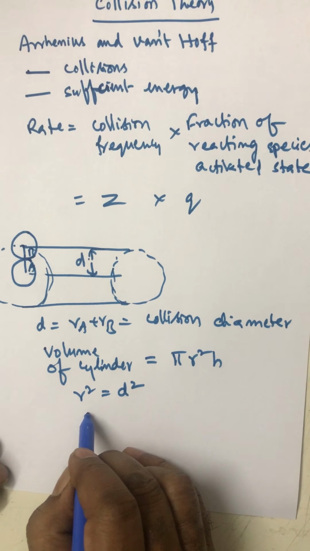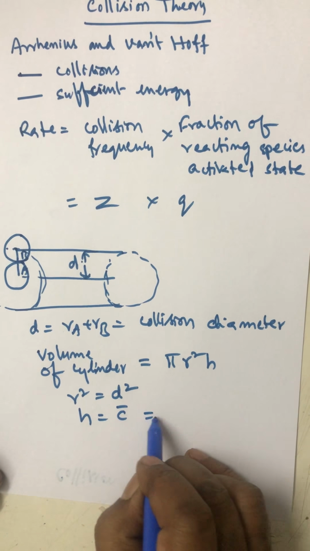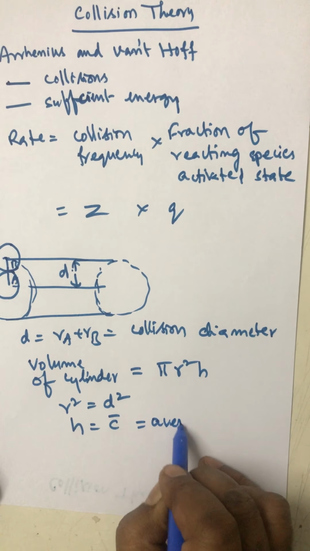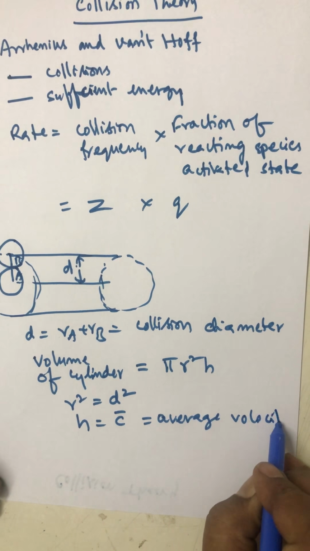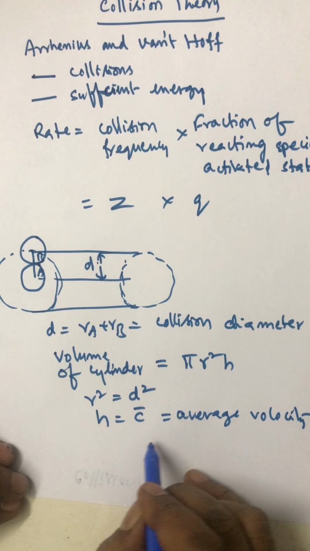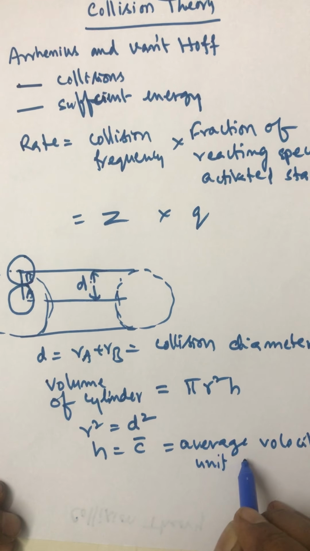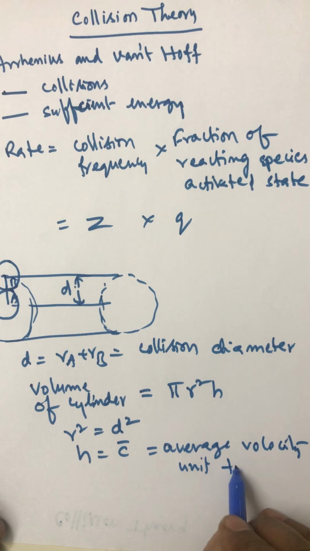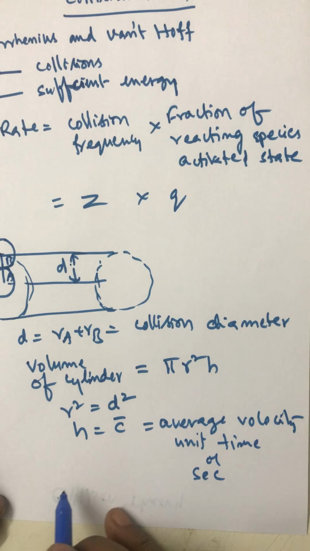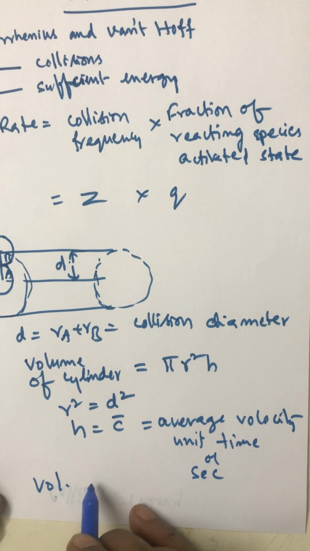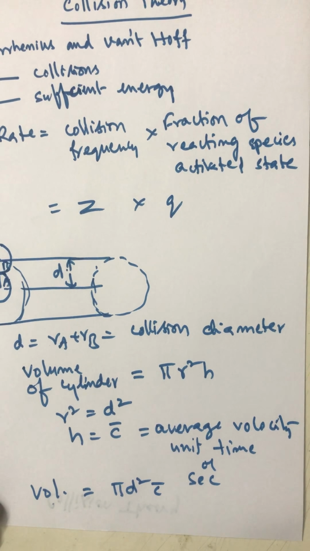H is the height, which is written as the average velocity of the molecule. So that is average velocity in unit time, 1 second. So this volume can be written as pi d square nu bar.